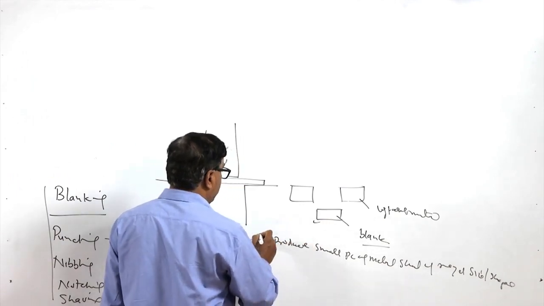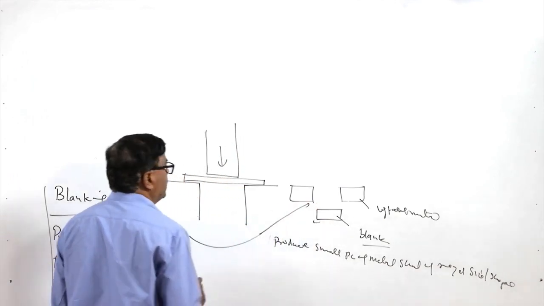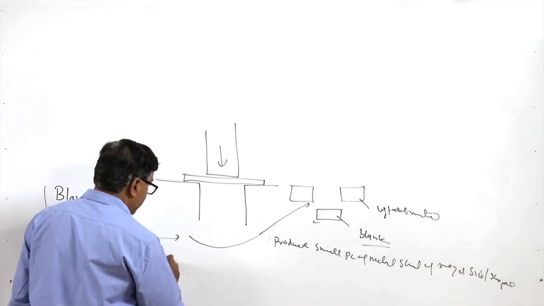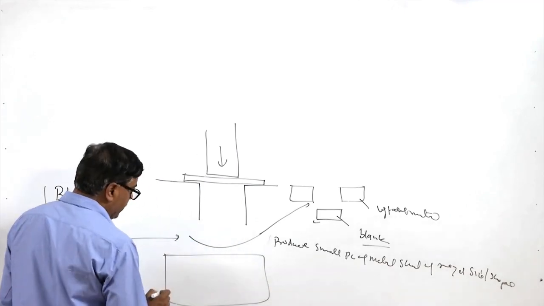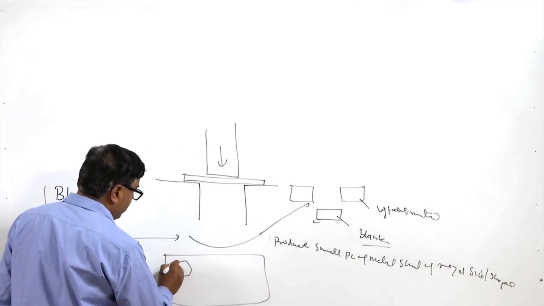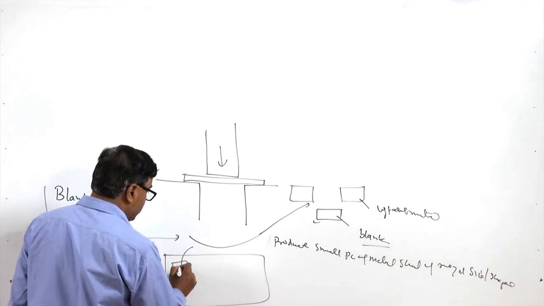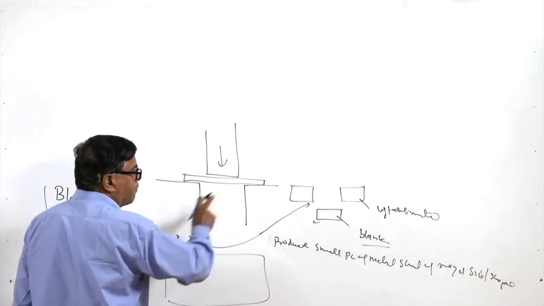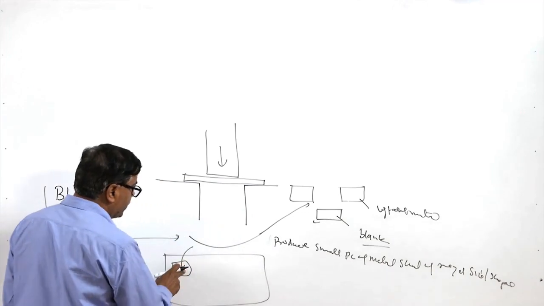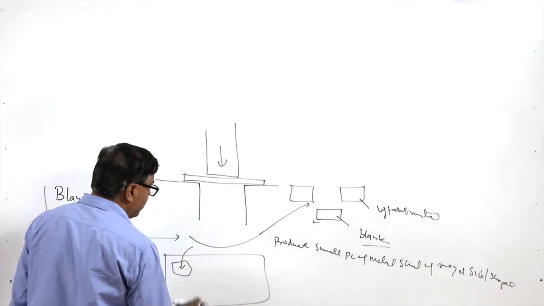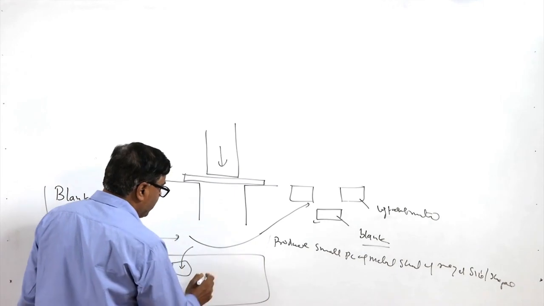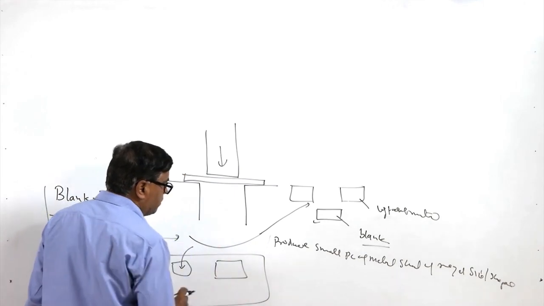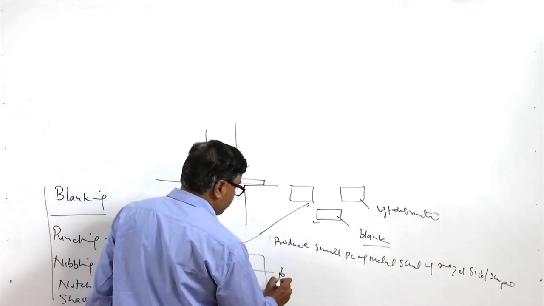On the other hand, punching is also the same thing, but here the objective is not to produce this blank, the objective is to make the hole in the sheet metal. So if we have one big strip and we have to make a cut of this kind, and if this one is used for processing further, this is our product, then it will be termed as blanking. And if after making the cut, the whole of this particular shape is produced, then it is called punching.